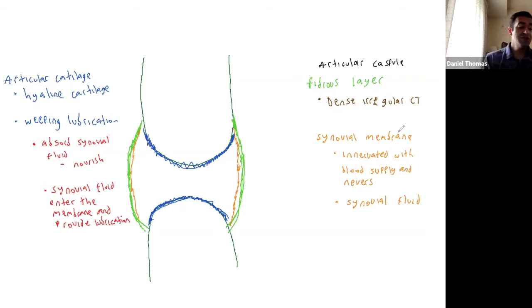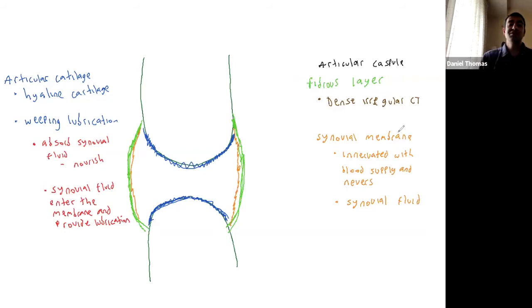The inner membrane is called the synovial layer, or just the synovial membrane. That is the living part: blood vessels, nerves, glands, and the main job is to secrete synovial fluid, which reduces friction between the two bones or the two articulating structures. Now, this synovial fluid is of egg white consistency.